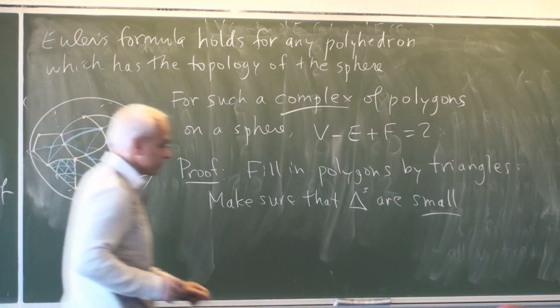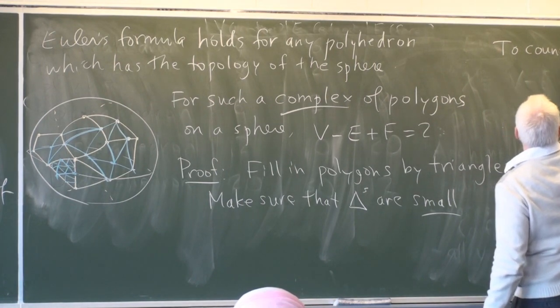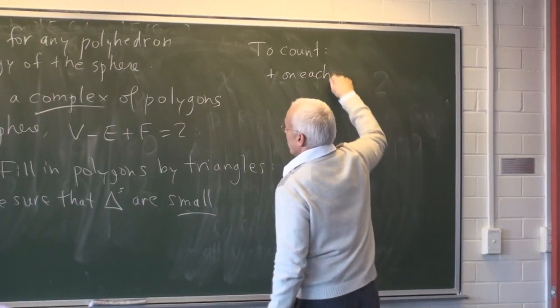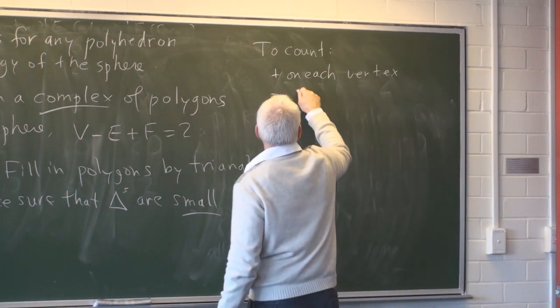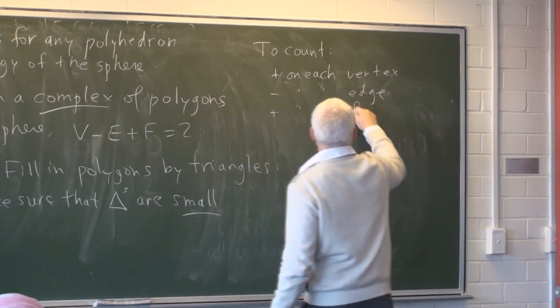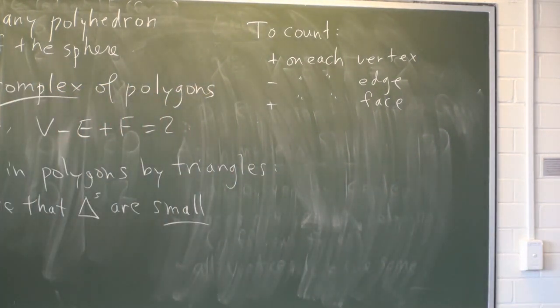So to count that, what we're going to do is put a little plus sign on each vertex, a minus sign on each edge, and a plus sign on each face. You can almost think of it like a little particle, an electron or a proton.